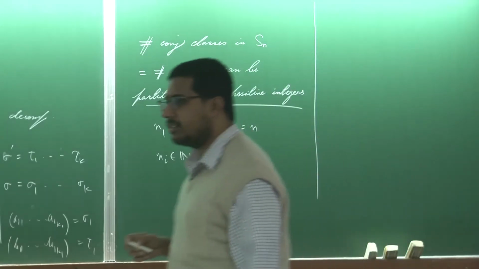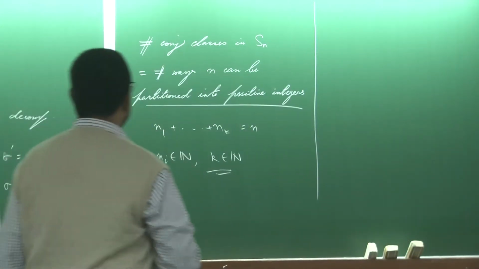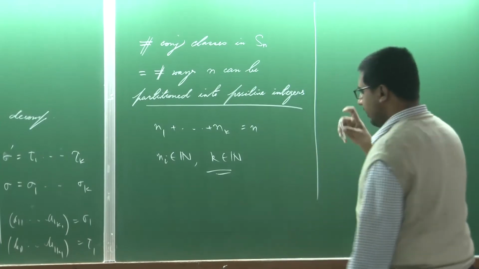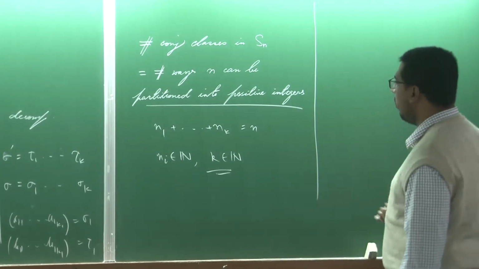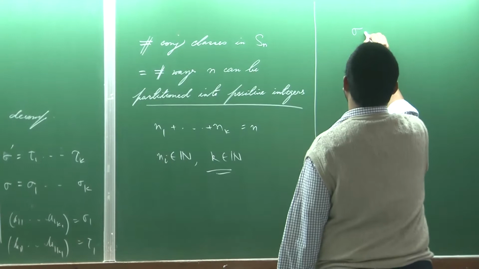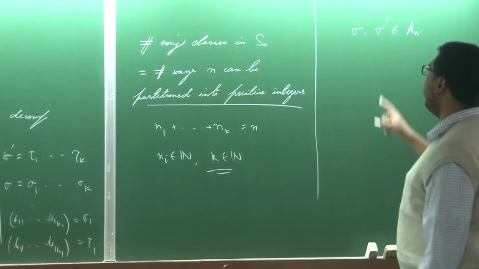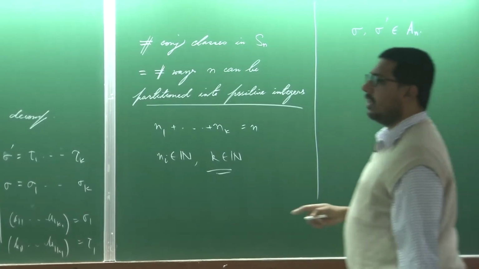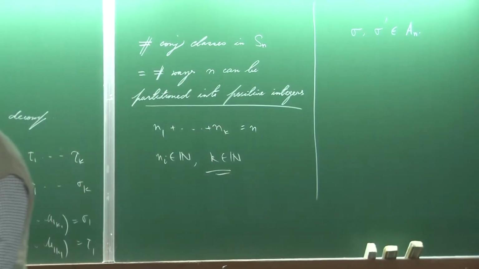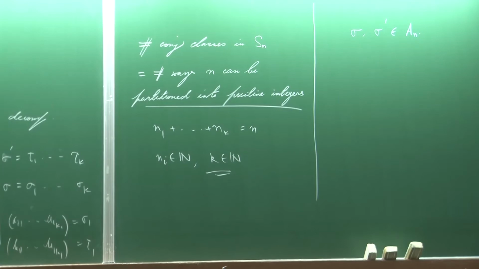Now it is natural to ask for the conjugacy classes in An. For An, one needs to work more. So suppose sigma and sigma prime are in An. First of all, if they are in the same conjugacy class, then they must have the same cycle type, that is quite clear.